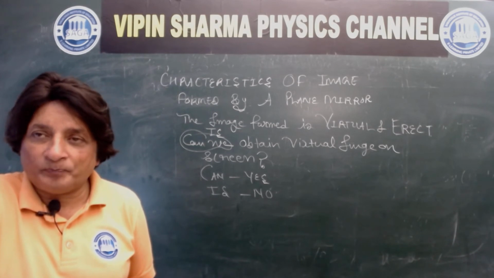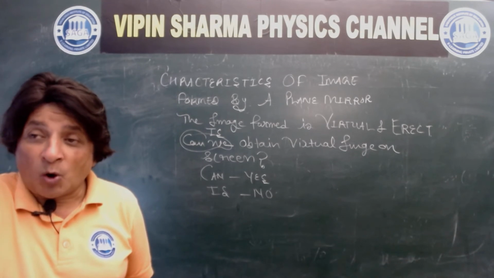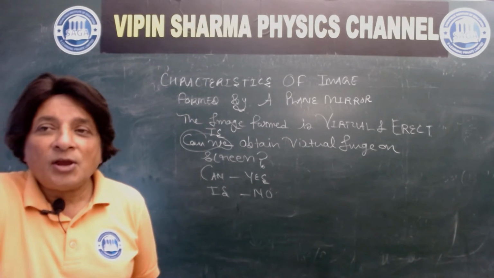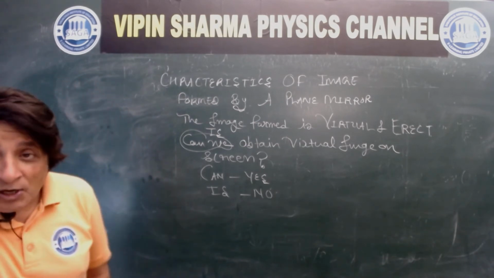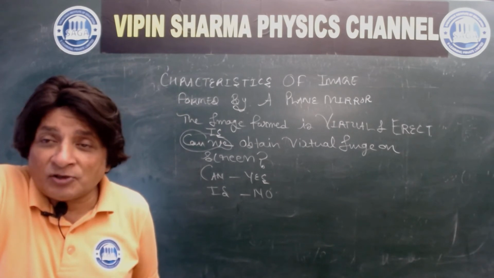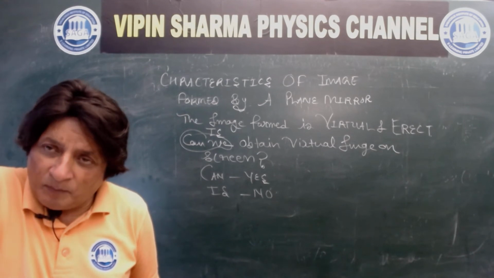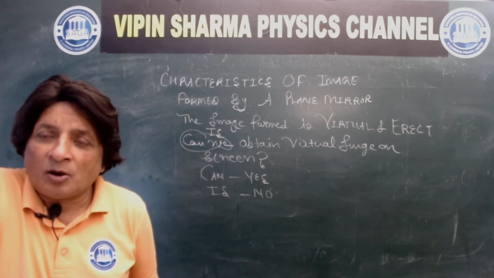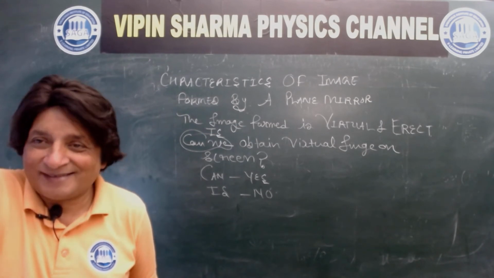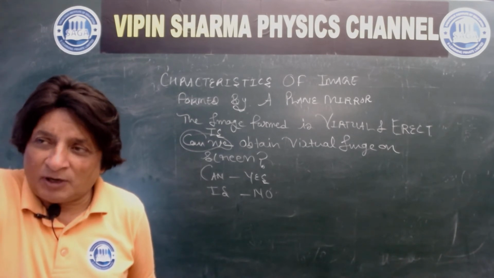So this is how the virtual image can be obtained on screen. Now the question is, is virtual image obtained on screen? No. The image formed in the plane mirror cannot be obtained on screen. That's it. Hope it is clear. That's why the concept of virtual image is there.